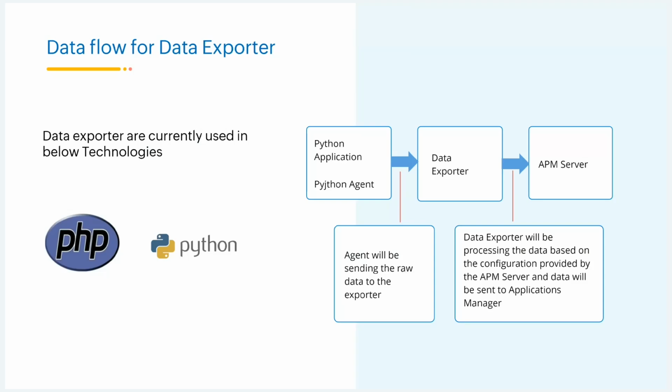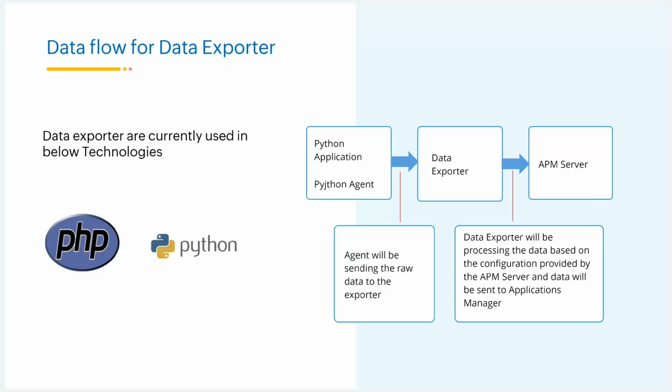Developers or the IT team integrate the supported agents into their Python or PHP applications. These agents collect the performance metrics, traces, and other relevant data from the application. A single data exporter instance is set up which will handle the data processing for multiple applications.